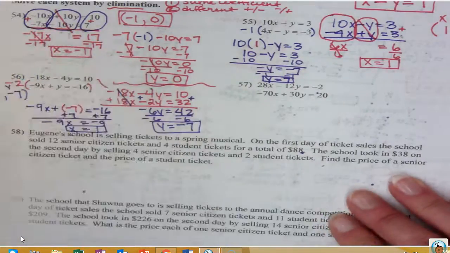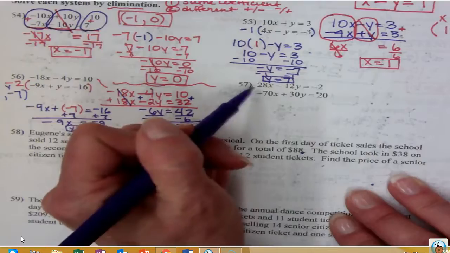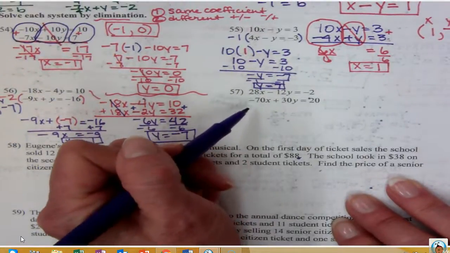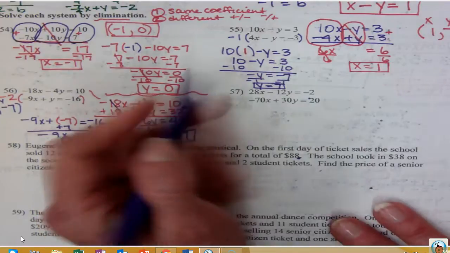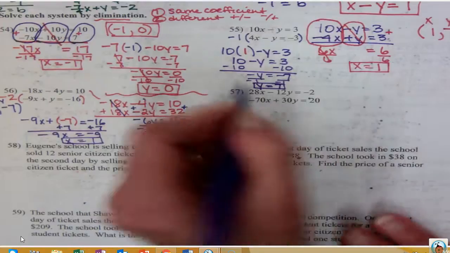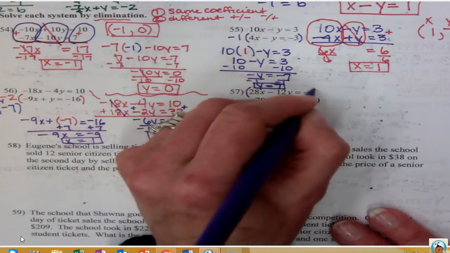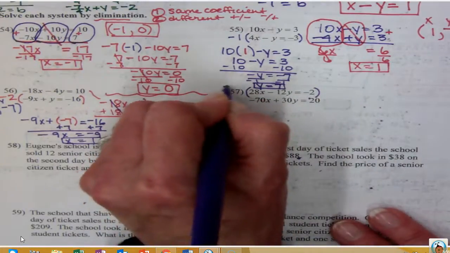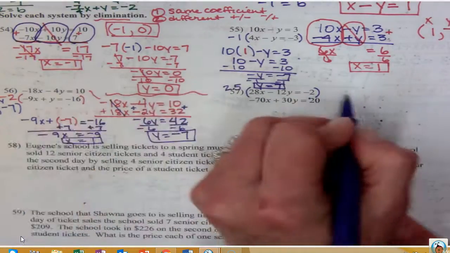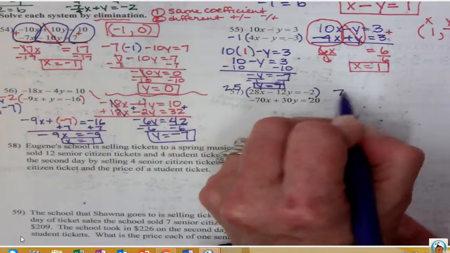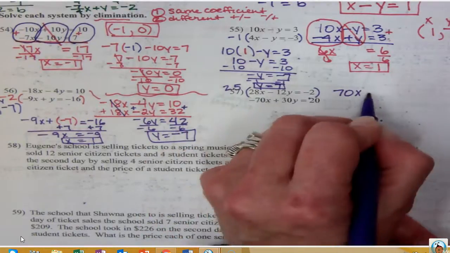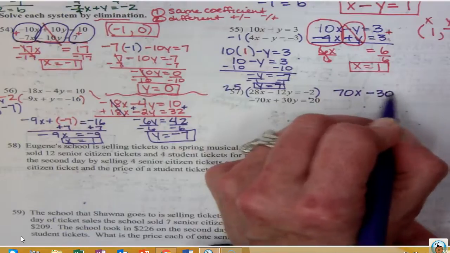That would effectively give me the same coefficient and a positive versus a negative number. So I take this one and I multiply by 2.5. 2.5 times 28 is 70. 2.5 times negative 12 is negative 30.